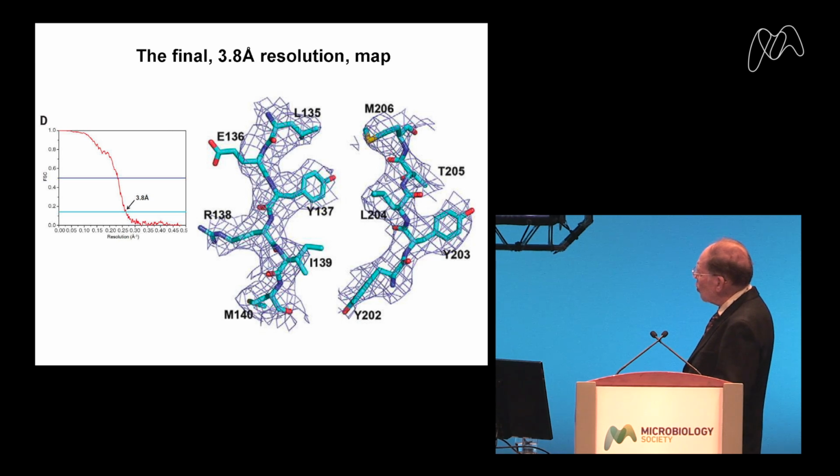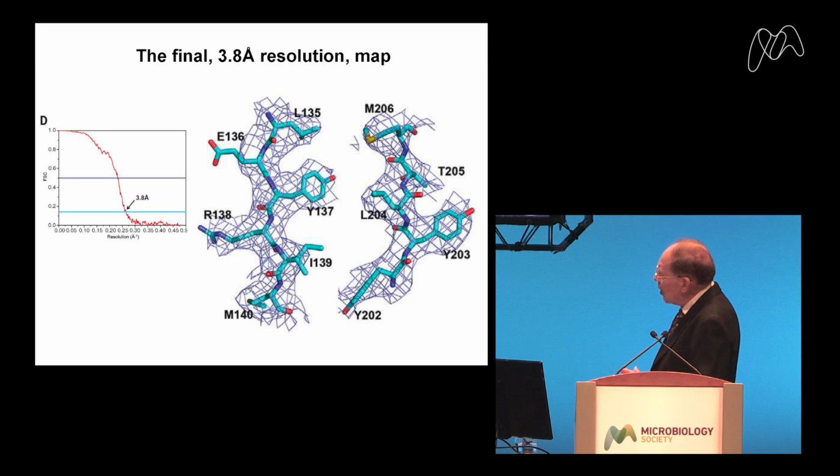And here, if you go to the map of Zika virus on the left, Zika virus is, as I said, we did electron microscopy, and on the left there is the graph of the correlation between 2 equal data sets, and the virus was, this is a standard procedure, determined from each data set, and you can see the correlation as a function of the resolution at the bottom, and you can see that the resolution is 3.8 angstrom.